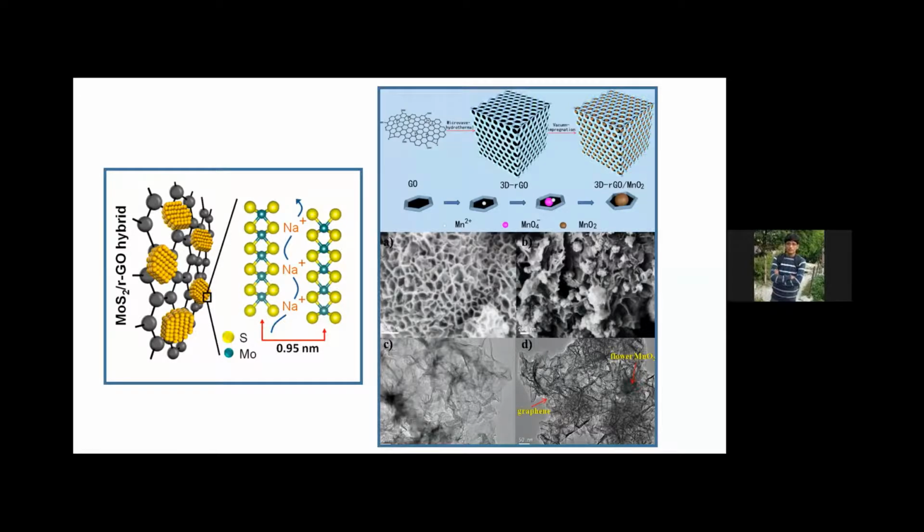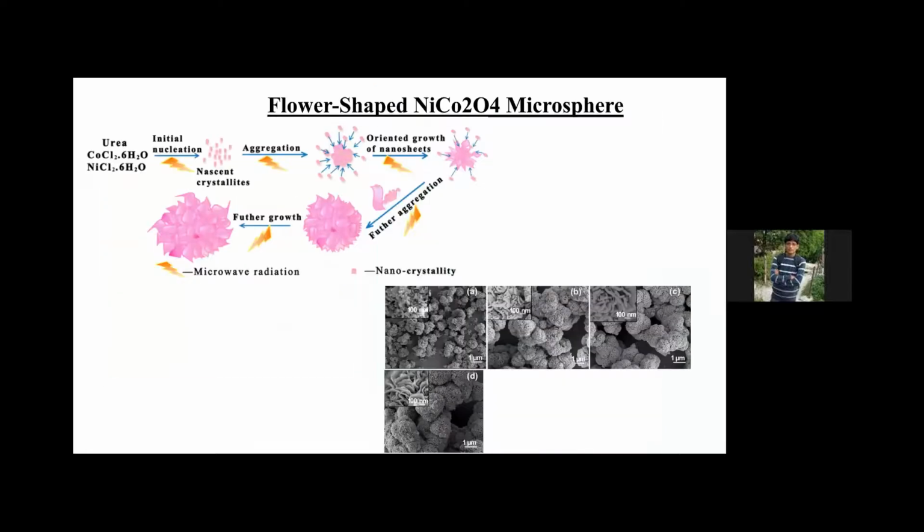Another example is the nickel cobalt oxide microsphere. For the cobalt precursor we use cobalt chloride, and for the nickel precursor we use nickel chloride. Because in the hydrothermal process we need a chemical reaction and also reduction, we use urea.